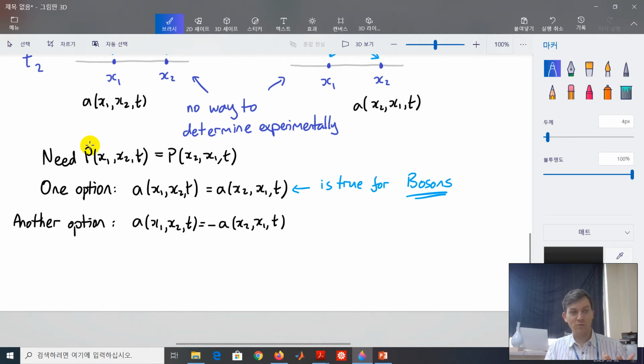If all you're measuring is probabilities, which is related to the absolute value, or say momentum, which is related to the wavelength of the wave function, whether it's plus or minus doesn't make any difference. So it's okay to include it here. And it turns out that this second equation is true for other particles, and these particles are known as fermions.